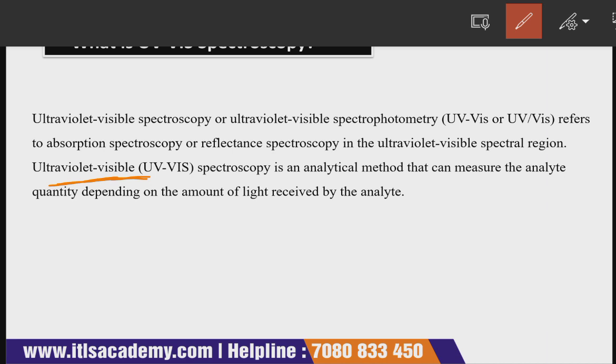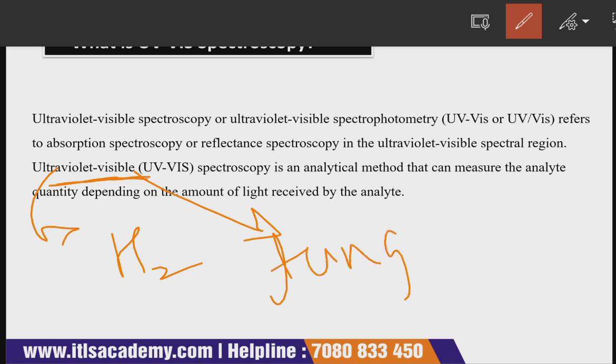Hydrogen is used for the UV light and tungsten for the visible light. Ultraviolet is equipped with hydrogen, whereas visible is equipped with tungsten. So they act as light sources.